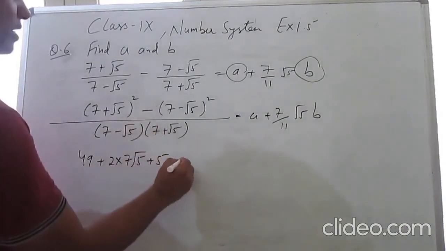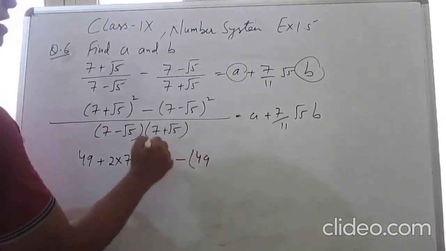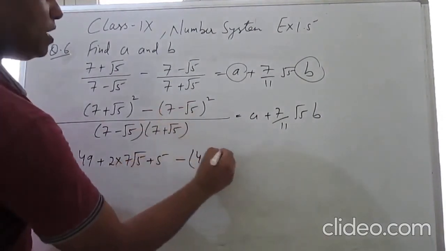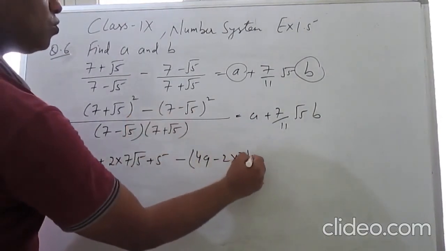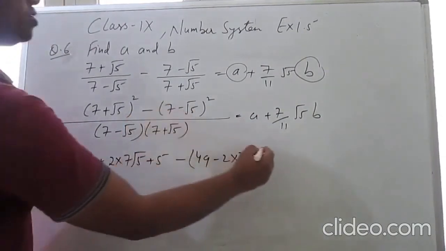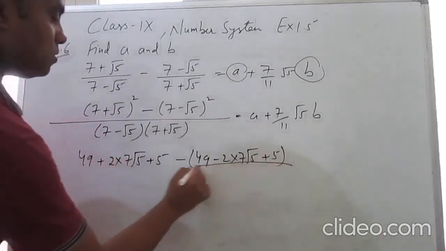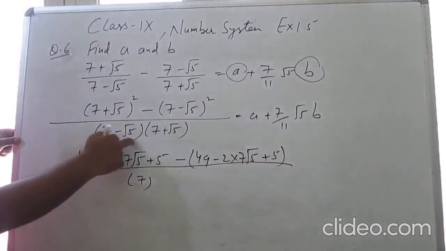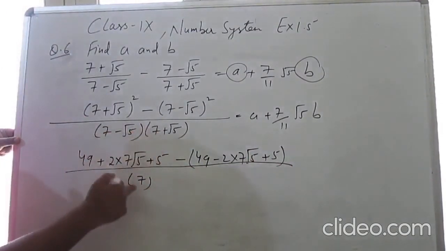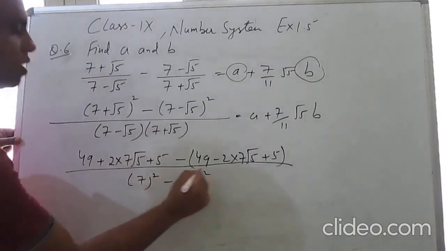Now minus: 7 square is 49, minus 2ab, 2 into 7 into root 5, plus root 5 square is 5, upon 7. Use identity (x minus y)(x plus y) equals x square minus y square, so 7 square minus root 5 square.